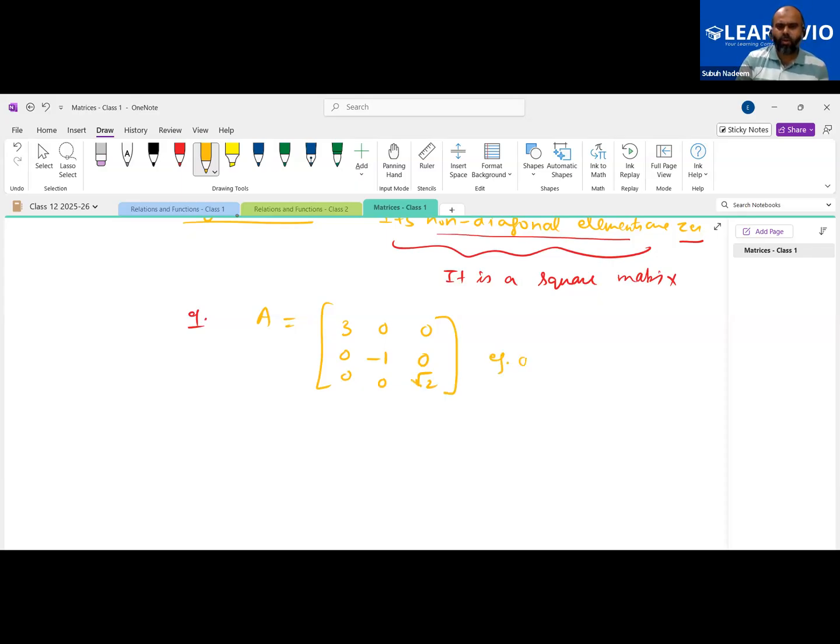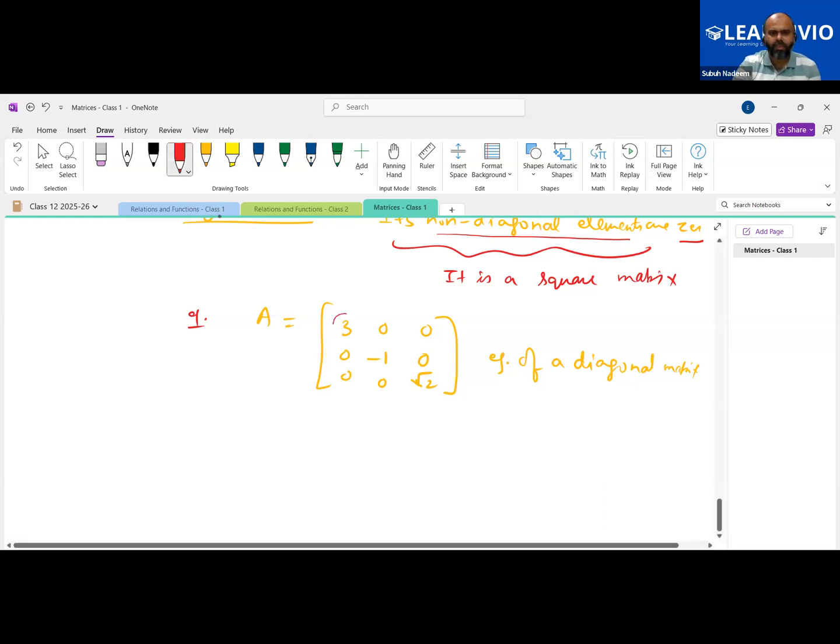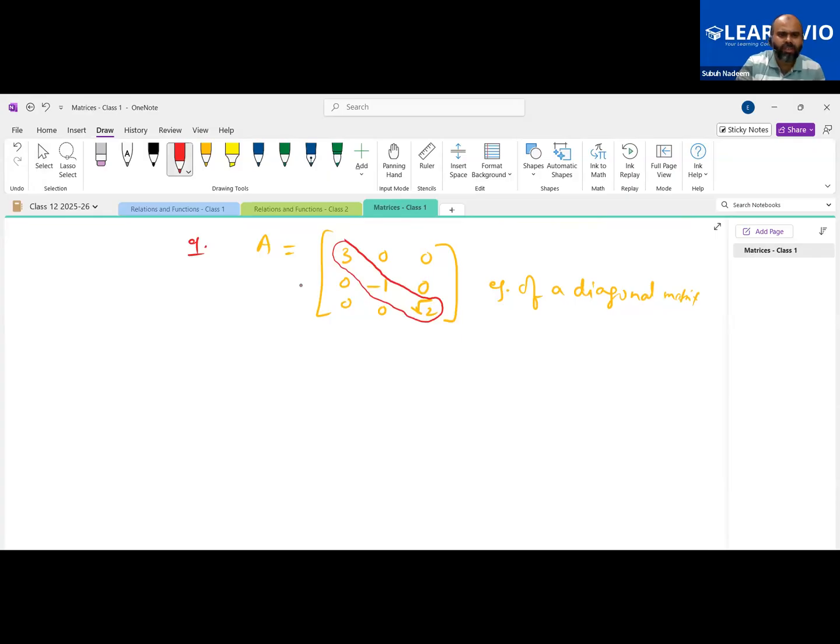This is an example of a diagonal matrix because its non-diagonal elements, you know what are diagonal elements? These elements are the diagonal elements. So the rest of the elements are actually equal to zero. In other words, you can say that Aij is equal to zero if i is not equal to j.